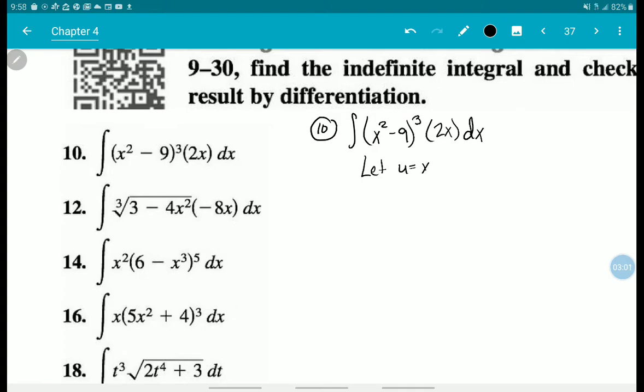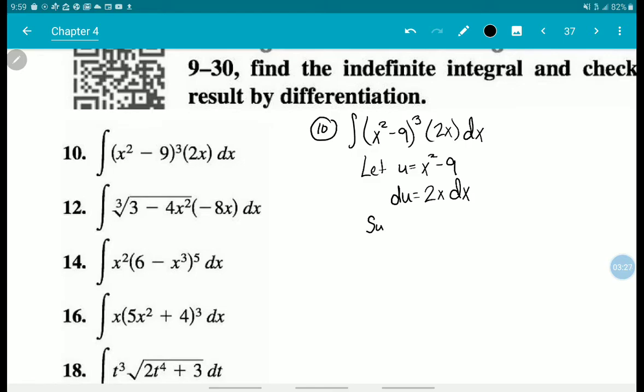It's the same thing that we did before. So du is the derivative of the inside. So we have 2x, and we need to show what we took the derivative with respect to. So that's why we're going to use a dx here. So we took that derivative with respect to x.